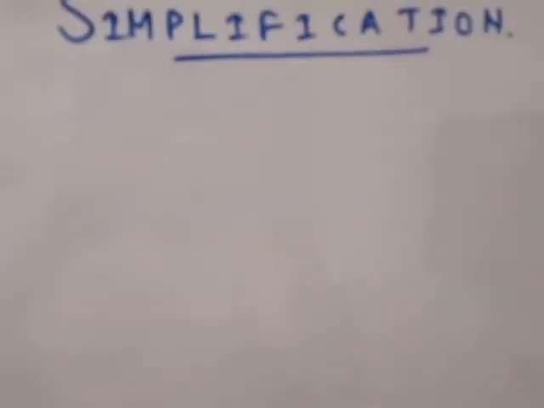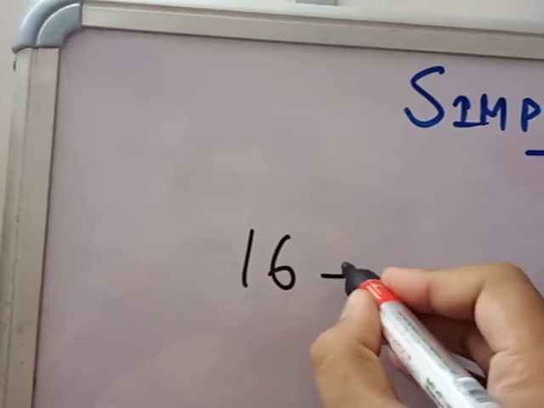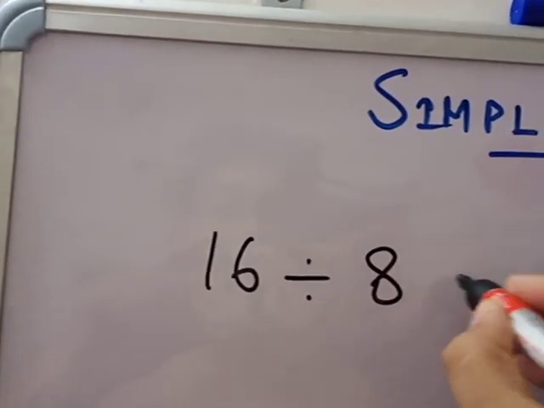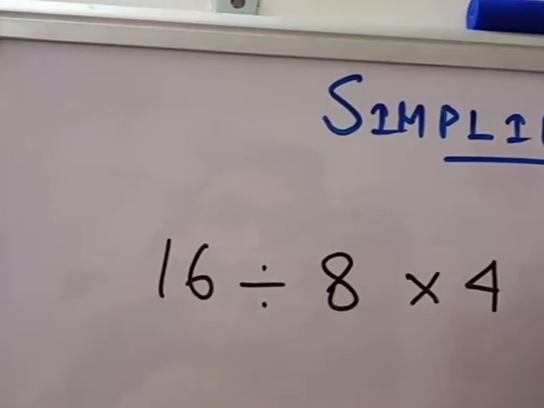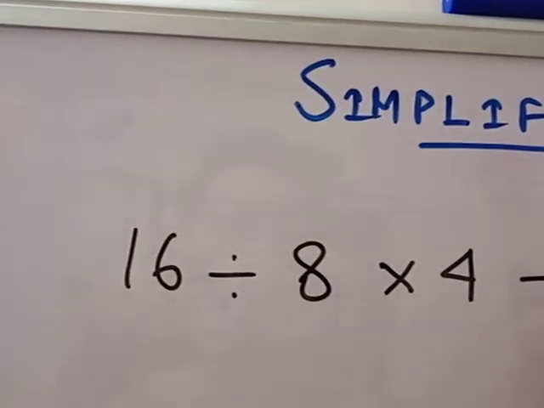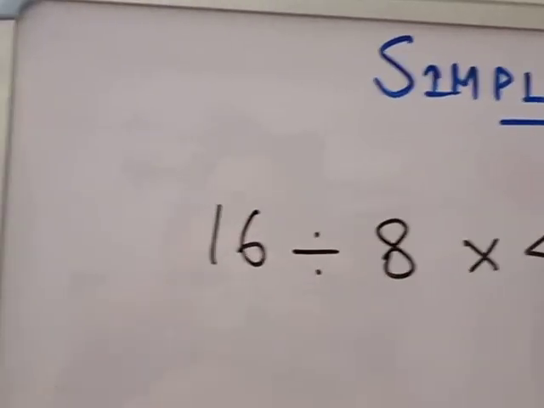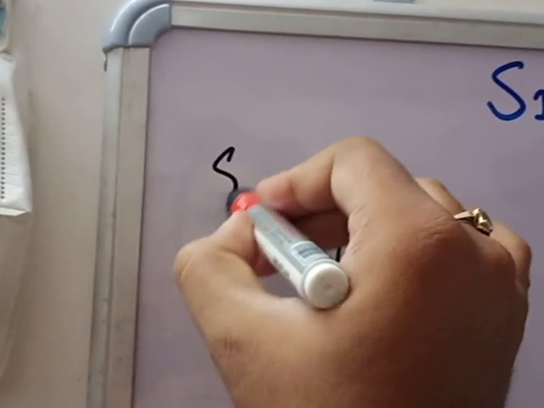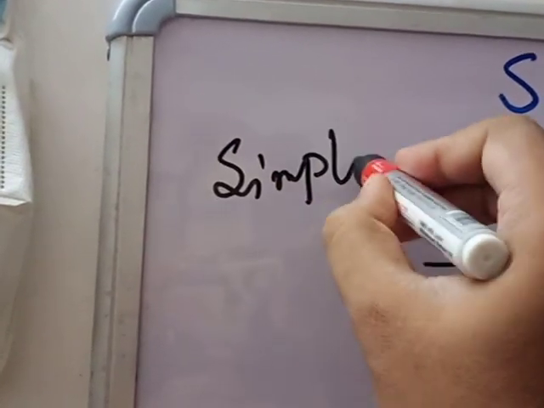For example, see that 16 divided by 8 into 4 minus 2 into 3, it is given right here. Simplify.